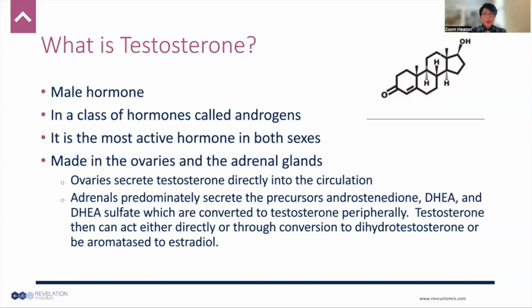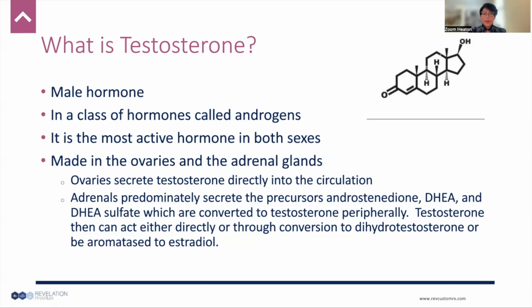It's made in the ovaries and the adrenal glands. And the ovaries actually secrete testosterone directly into the circulation. But the adrenals, on the other hand, mainly secrete the precursors, which are androstenedione, DHEA, and DHEA sulfate, which are converted to testosterone peripherally.